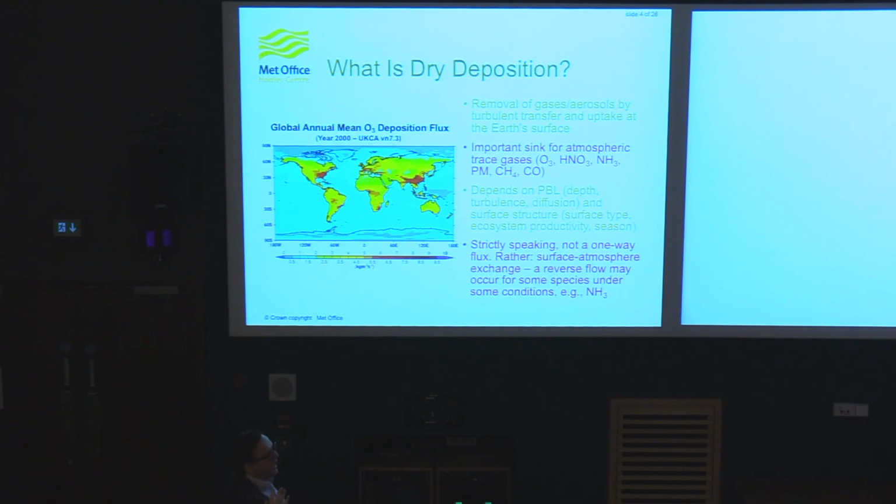So probably from the point of view of realistically representing dry deposition processes, thinking of an atmosphere-surface exchange process is the better picture. But I will stick with the more traditional formulation of dry deposition for the rest of this talk.